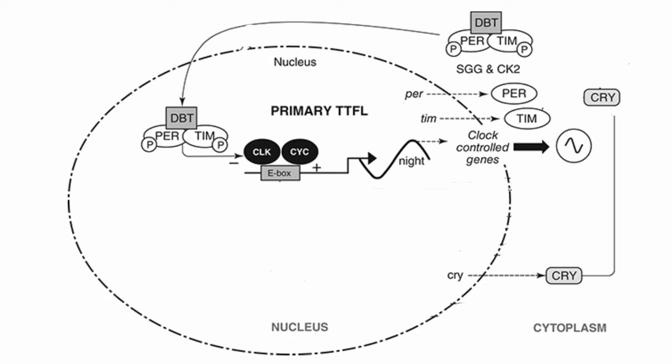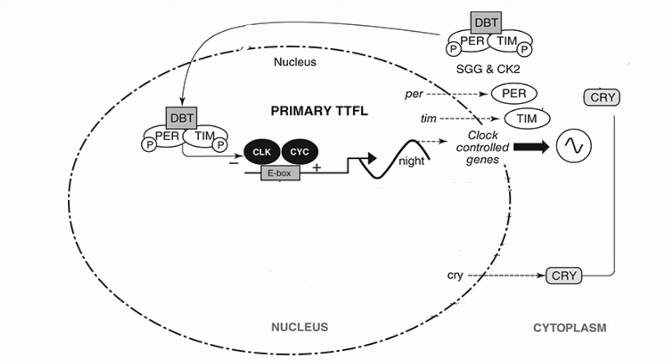Another cool detail about this primary TTFL, transcription-translation feedback loop, is the production of another protein that's under the influence of the master circadian transcription via Clock and Cycle, which is cryptochrome.